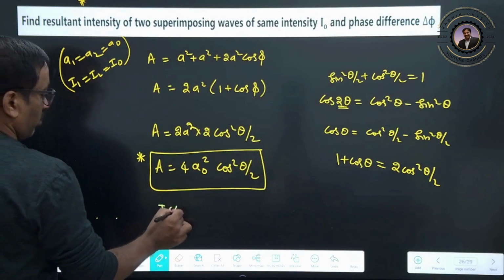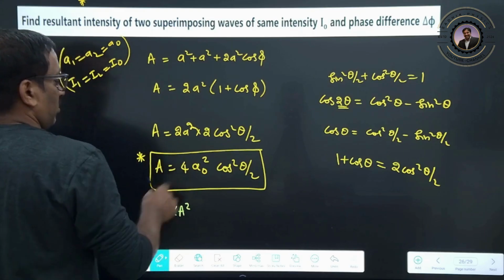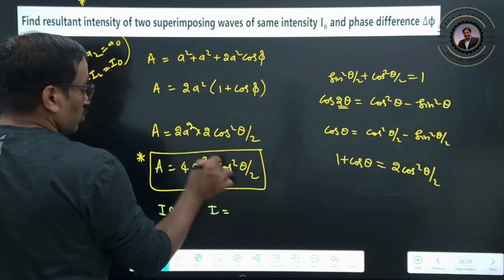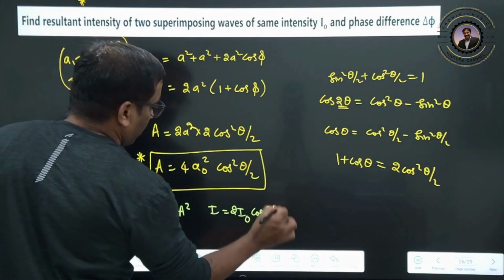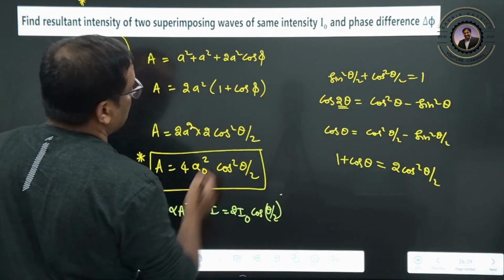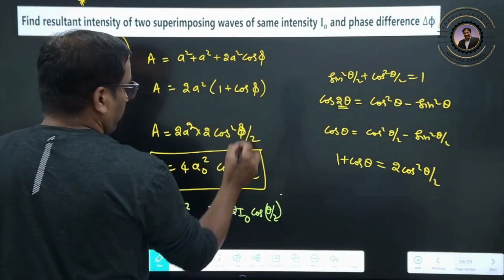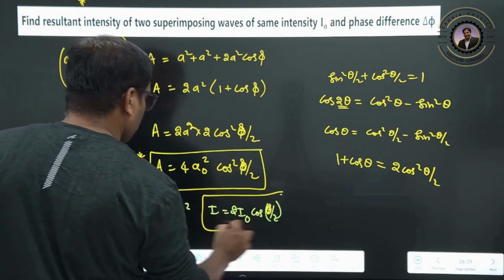Intensity is directly proportional to the square of the amplitude. So I is equal to 4 I naught cos square of phi by 2. Sorry, this is not theta, this is phi. Actually here phi, here also phi, here also phi, clear?